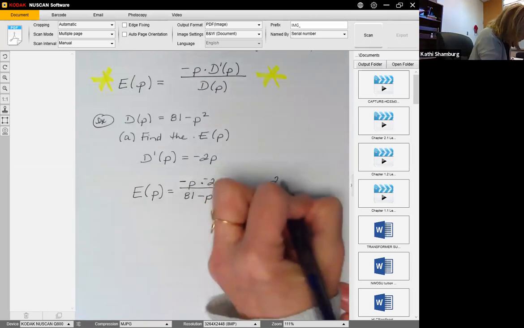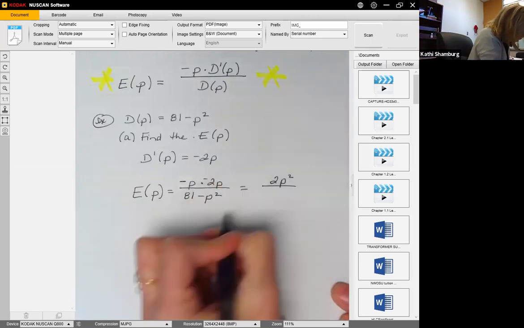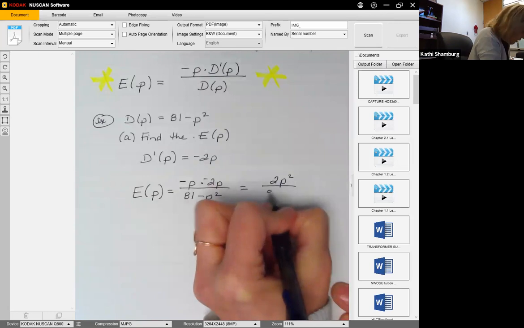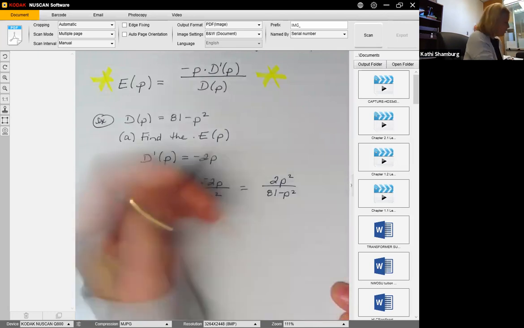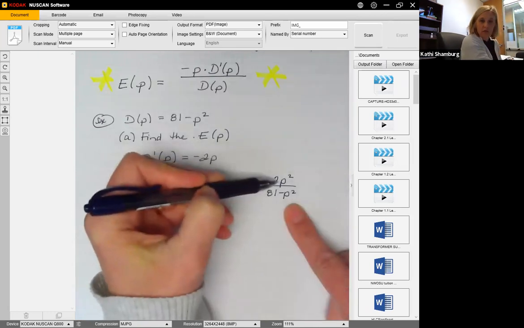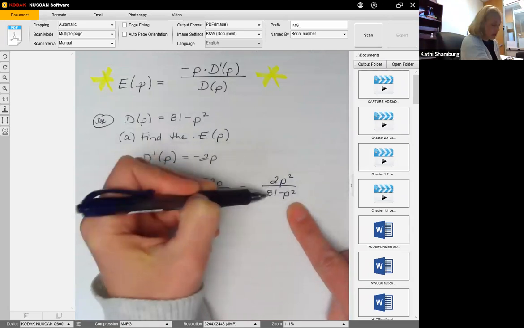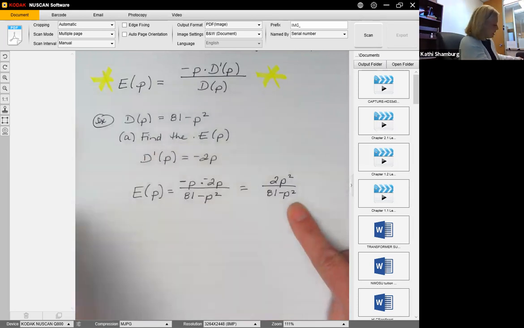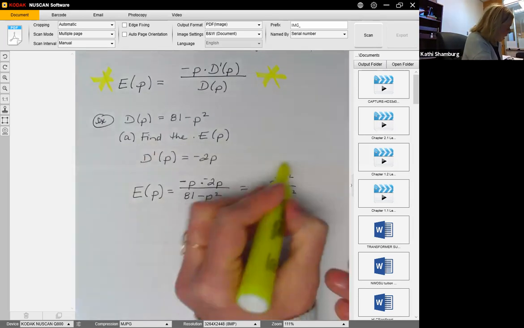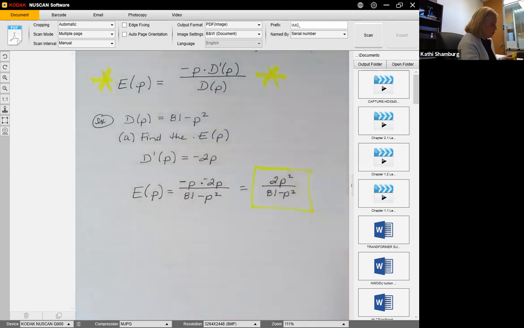So I have 2p squared all over 81 minus p squared. Do not cancel these p squareds. I can't, because this term is married to the 81. The only way I could do that is if 81 had a p squared as well, and it does not. All right, so this is what I'm going to use to find my elasticity of demand.